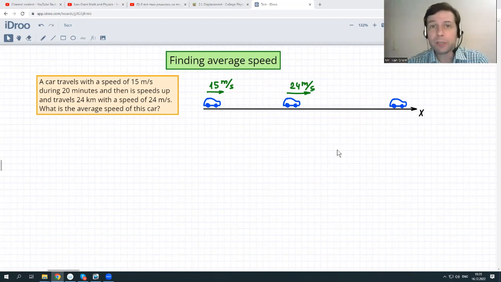Today let's talk about average speed and solve the following problem. The difference between the average speed and average velocity, and between the speed and velocity concepts, is that velocity is a vector and speed is a scalar. It's not a vector; it does not have direction.